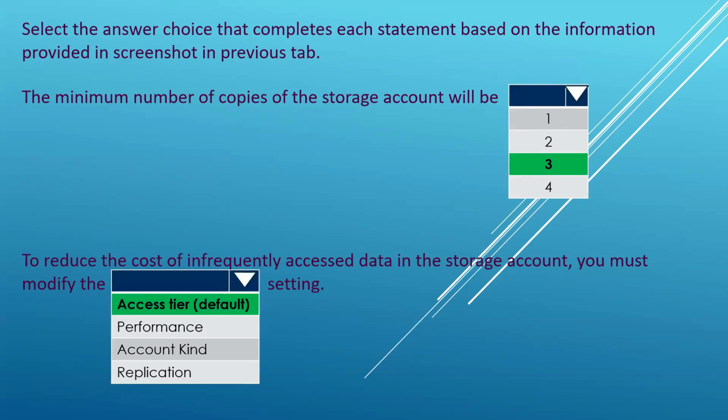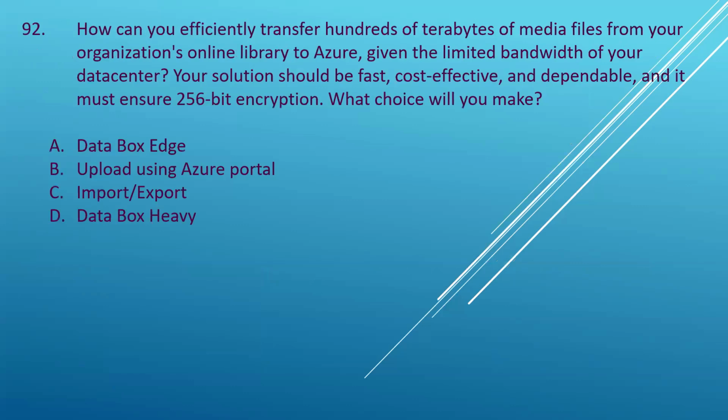But when the account was being created, you would have seen the tier that was chosen was hot tier, and it doesn't make sense to keep infrequently accessed data in hot tier. So to reduce the cost, you are going to modify the access tier setting and choose it as a cool tier. Let's look at next question.